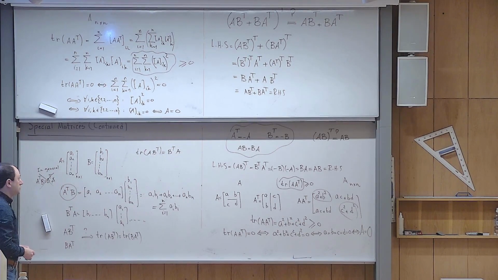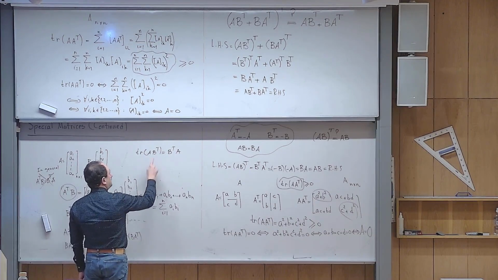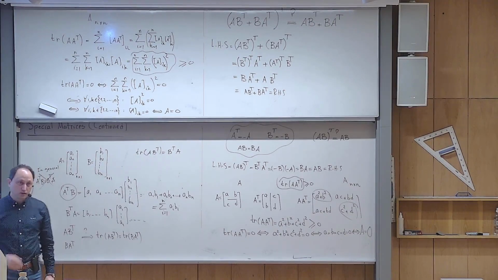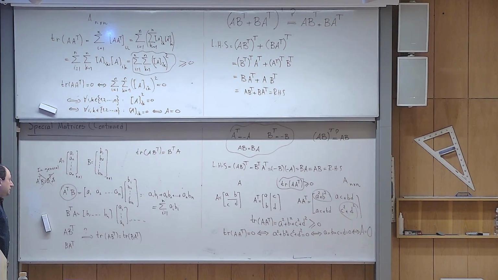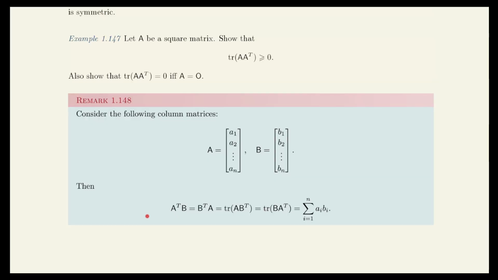If they are column matrices, that's a very nice relation actually. So if you want to take the trace of AB transpose, you can write B transpose first and A coming after that, if they are column matrices. Okay, so how can we prove this? That's also a good idea if you want to think about it yourself. So try to convince yourself about this. This one I confirmed equals this one.